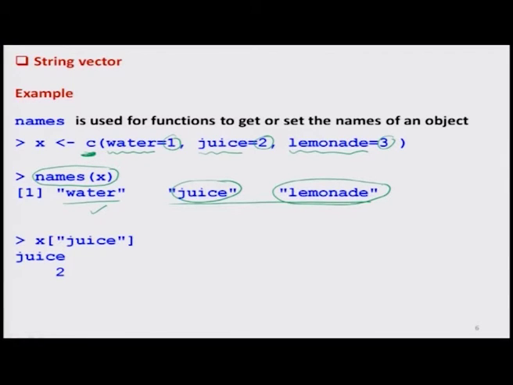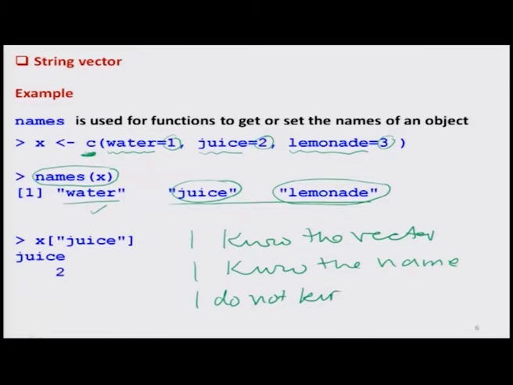Now, suppose I take another question. Suppose someone has given me a vector, and I know that there is a name juice, but I want to know what the value of this name juice is. So my question is this: I know the vector, I know the names, but I do not know the value of a given name.